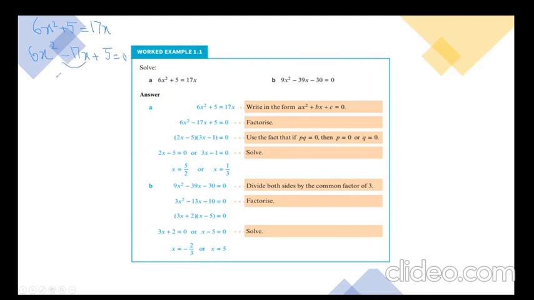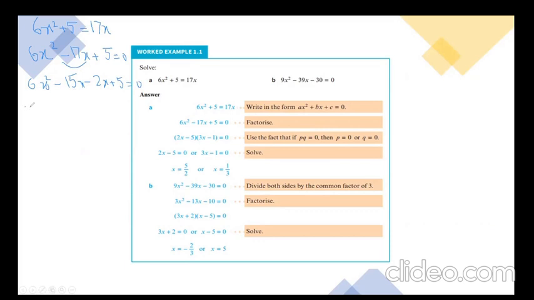Now mid term breaking. So it must be 6x square, and 6 times 5 is 30. So it must be multiples of minus 15x minus 2x plus 5 equals 0.